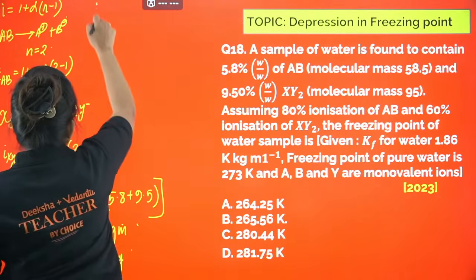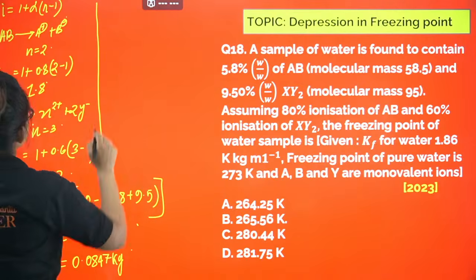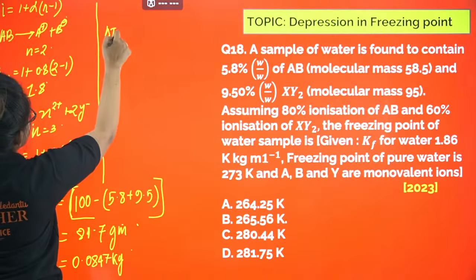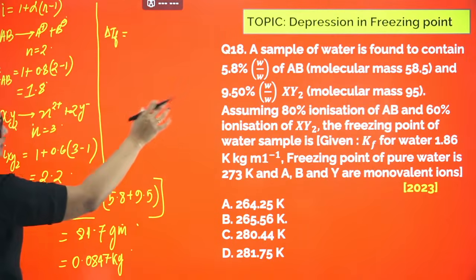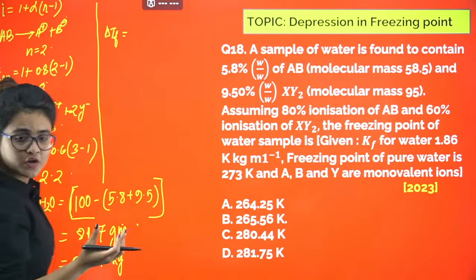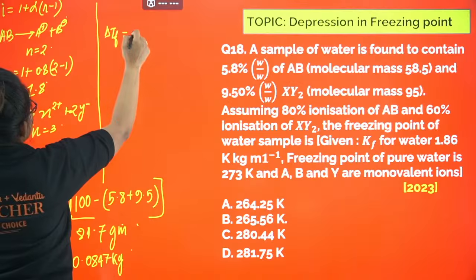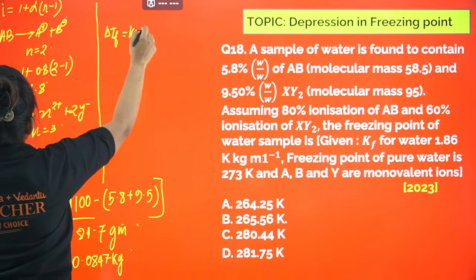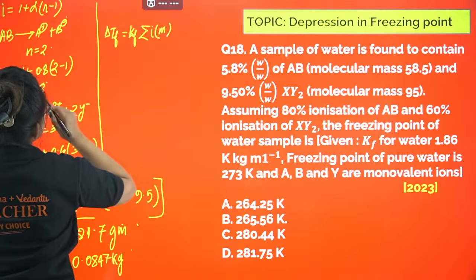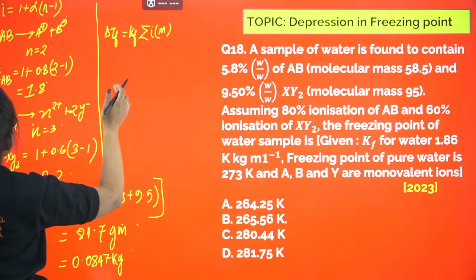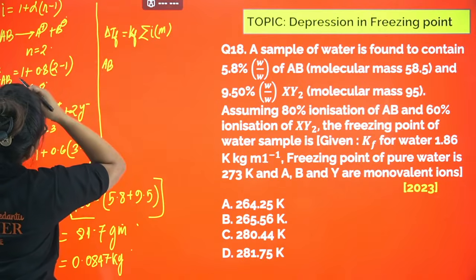Here you can see, now we are going to calculate the delta TF. I'm having two substances, so you have to add the molalities, right? So it will be KF into summation of I into M. Now for AB, let's calculate the molality, let it be M1.